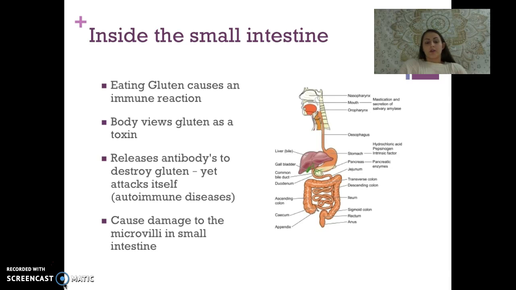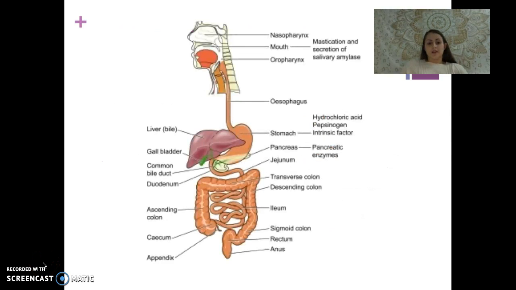However, because it is an autoimmune disease, it also attacks the body as well. It attacks itself. This is classic of an autoimmune disease. Because these antibodies are trying to attack the gluten and also attack the body, it causes a lot of damage to the microvilli inside the small intestines.